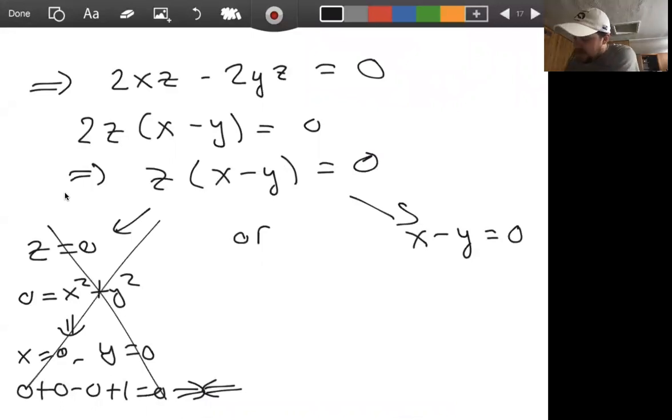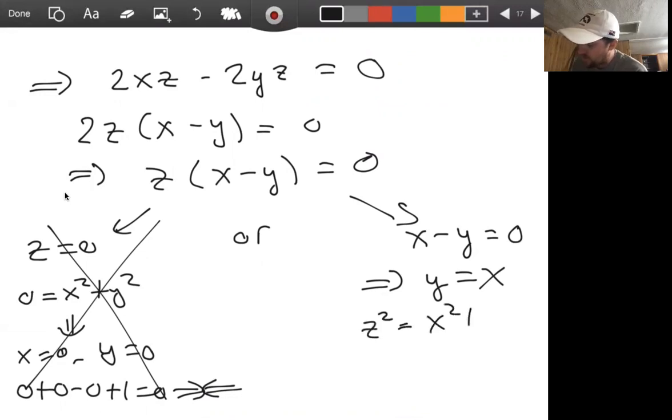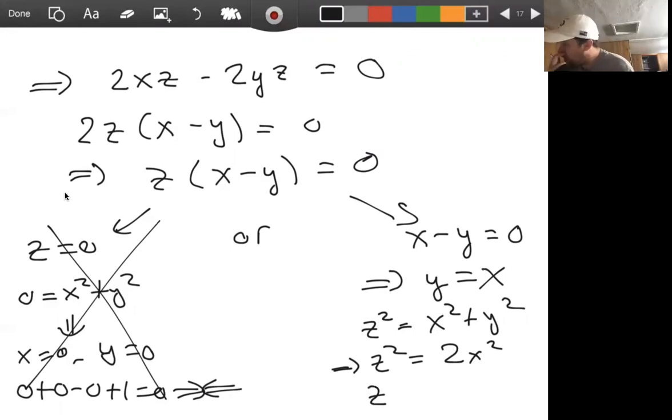So we need to explore the case when y equals x, right? This is the next case that we can consider here. And so when y equals x, well, then what do we have? Let's look back to our constraint functions now that y equals x. We have z squared equals x squared plus y squared, which means that z squared equals 2x squared.